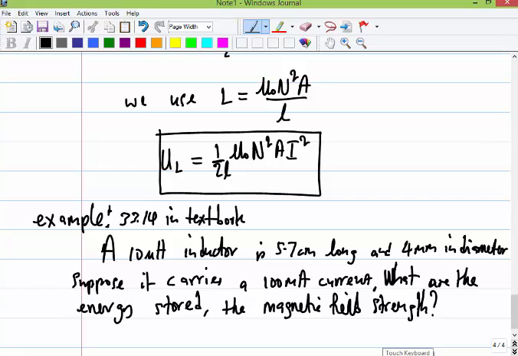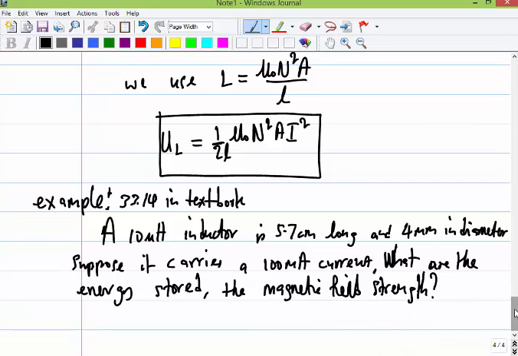So we're looking for energy stored and the field strength. And also the energy density.